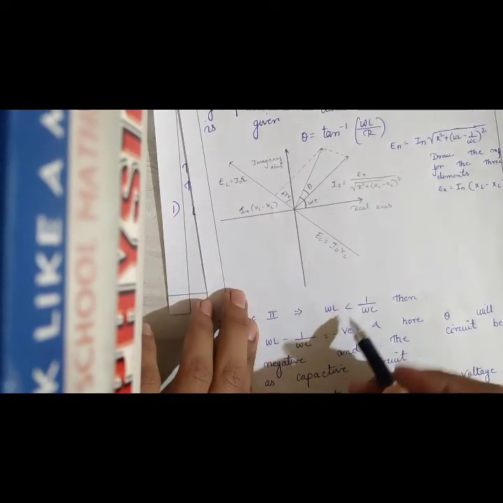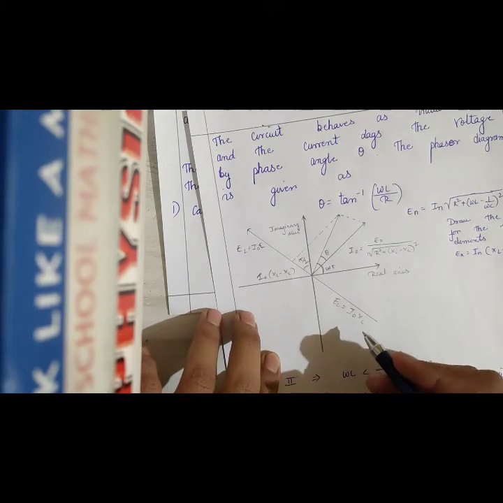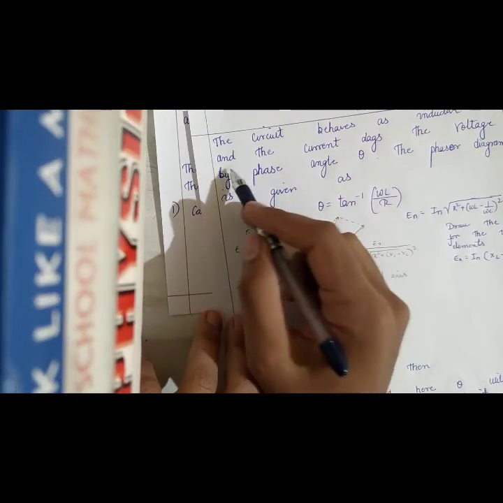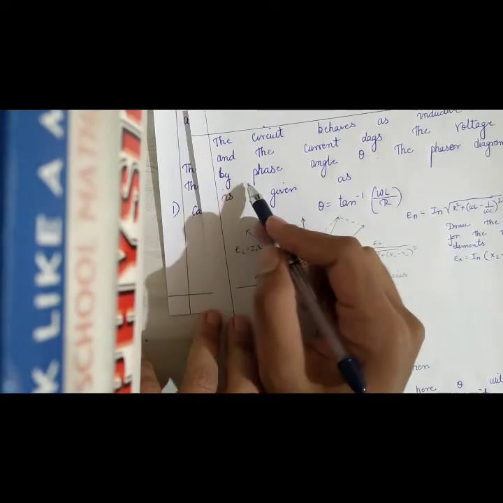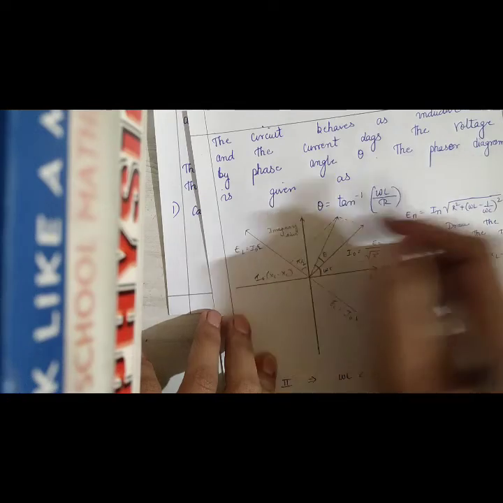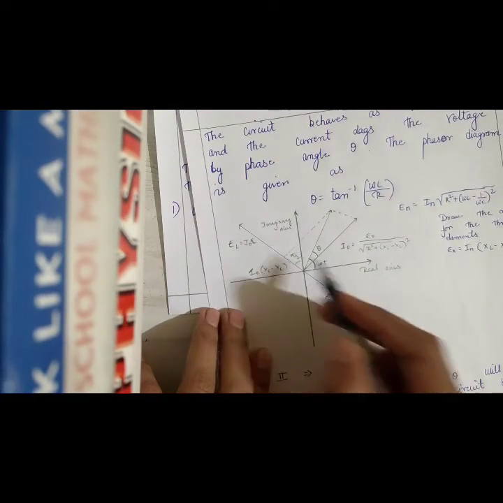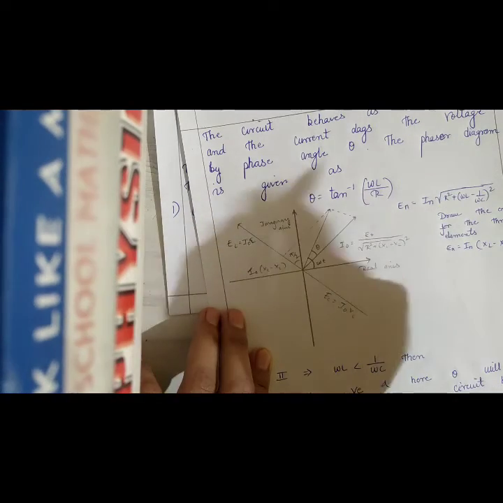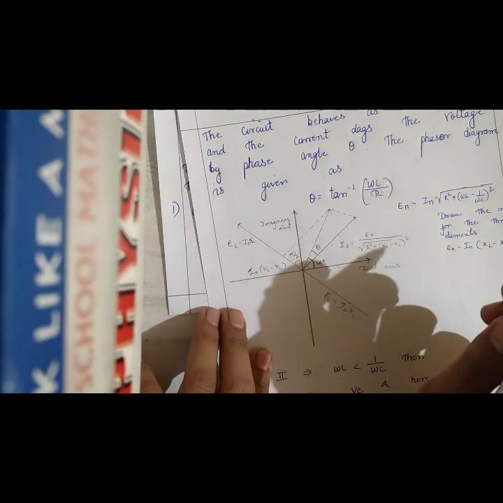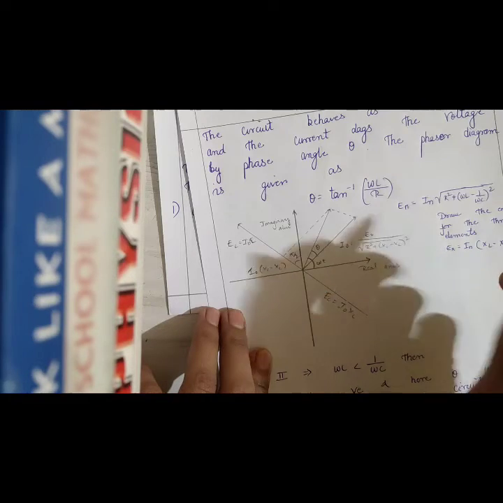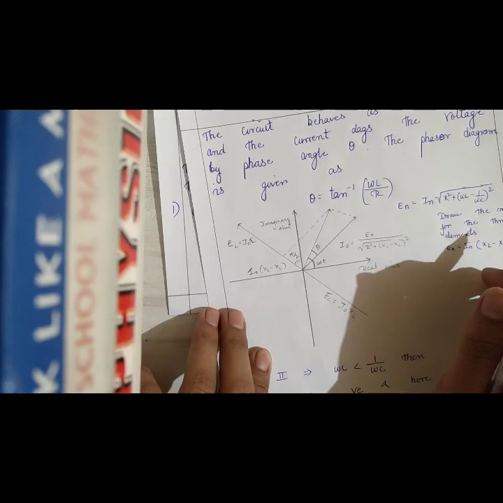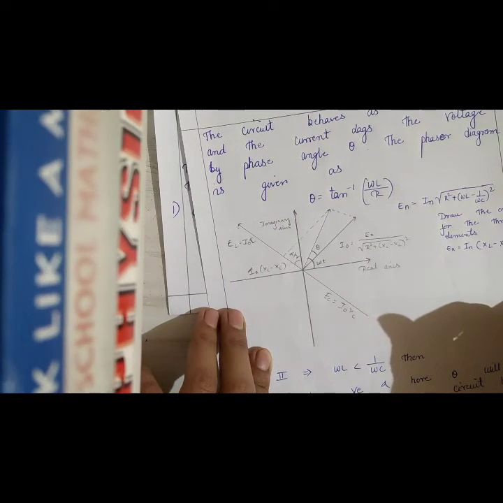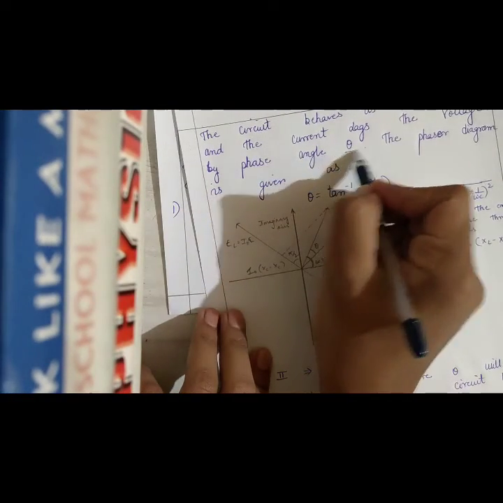This is the phasor diagram for the first case. The circuit behaves as an inductive circuit, and the current lags the voltage by phase angle theta.